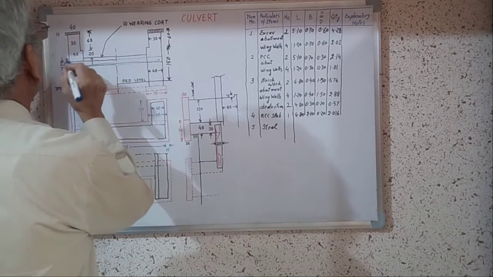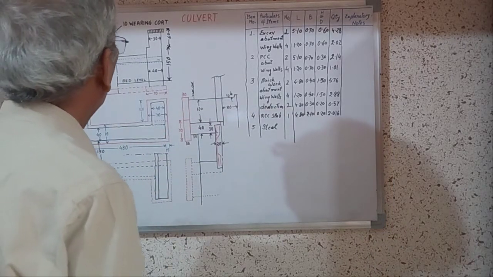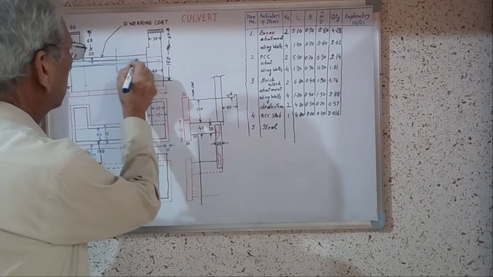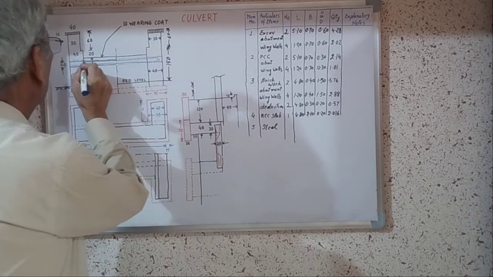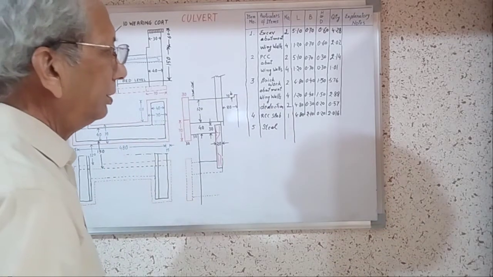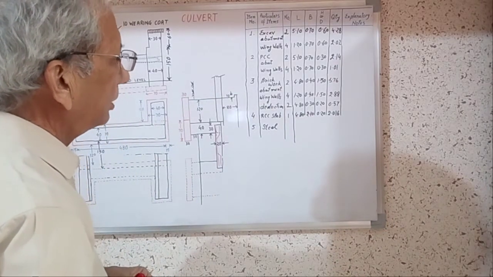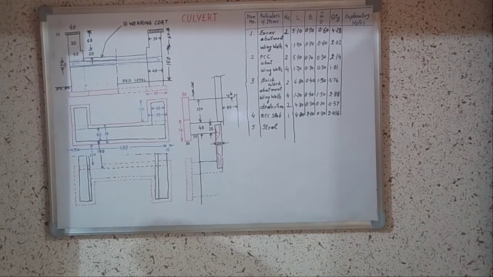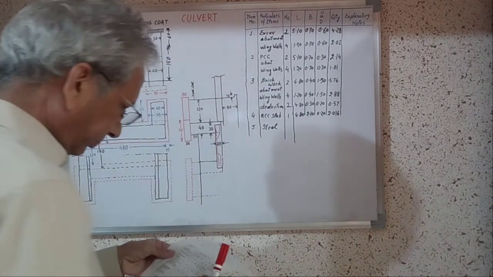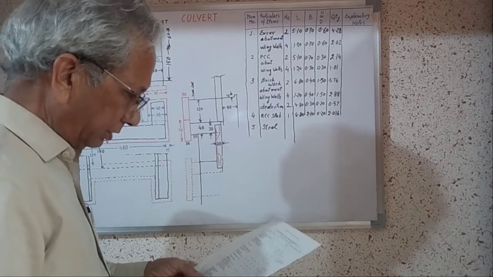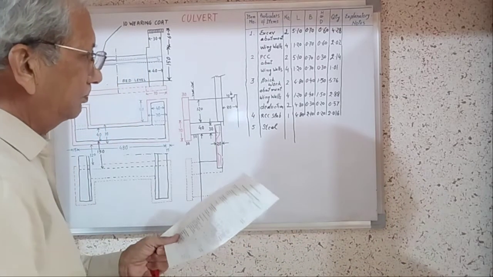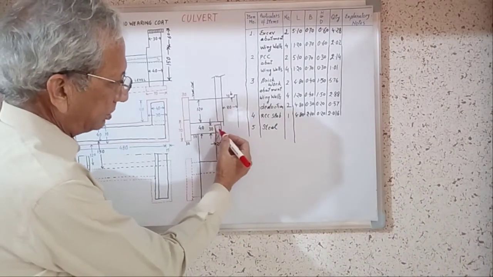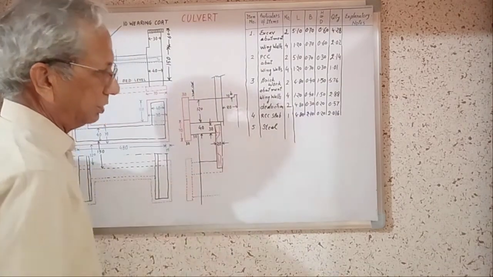Now here the spacing of the steel is 30 centimeter, 30 centimeter of this steel and 30 centimeter of this steel.